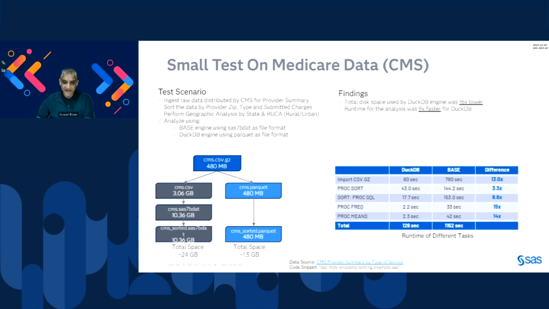The third line is when I'm performing sort operations using proc SQL order by. And once you end up with a much smaller file, all of the other SAS procedures like proc freq, proc means, proc tabulate automatically become a lot faster because you're operating on just a smaller data set on the file system.